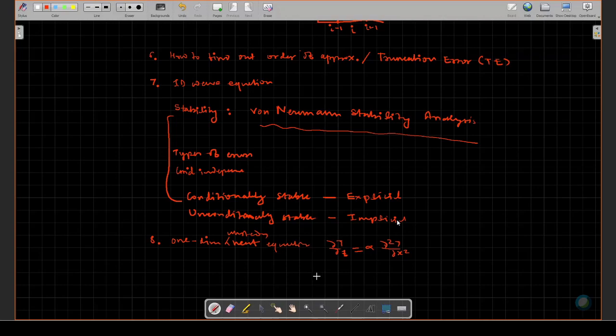It is dT/dt equals alpha times d2T/dx2. We have seen how to discretize this equation.